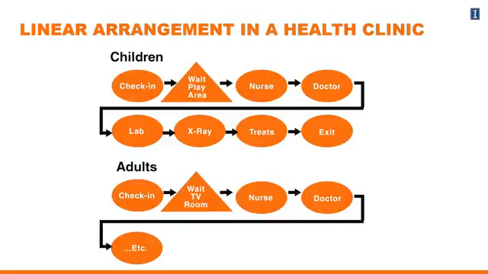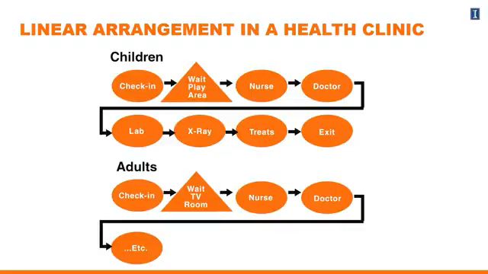And for adults, it's going to be a similar arrangement, except it's going to be maybe a different sequence, maybe a different set of activities. So what you have here, the basic difference between this and the next arrangement we're going to see is that you have a dedicated set of activities. The play area that we have here is dedicated for kids.